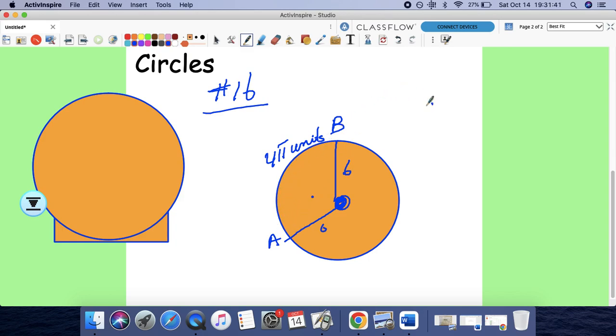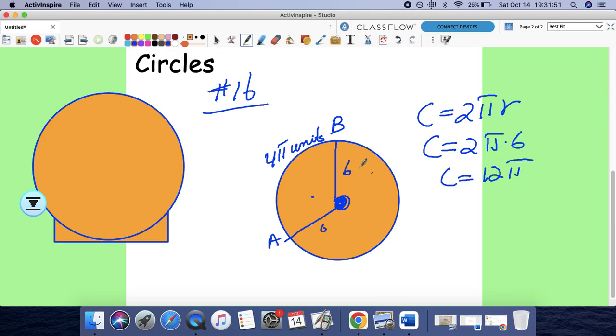So let's do this. Circumference equals 2 pi r. Circumference equals 2 times pi times the radius, which is 6. So circumference is 12 pi. So that means that if I traveled around this circle, it would be 12 pi.